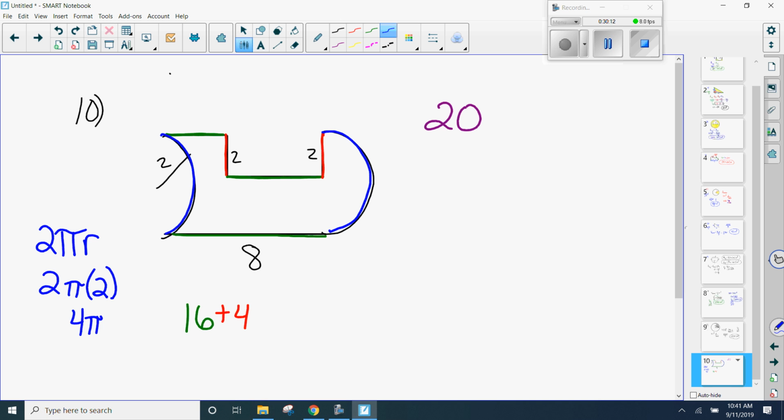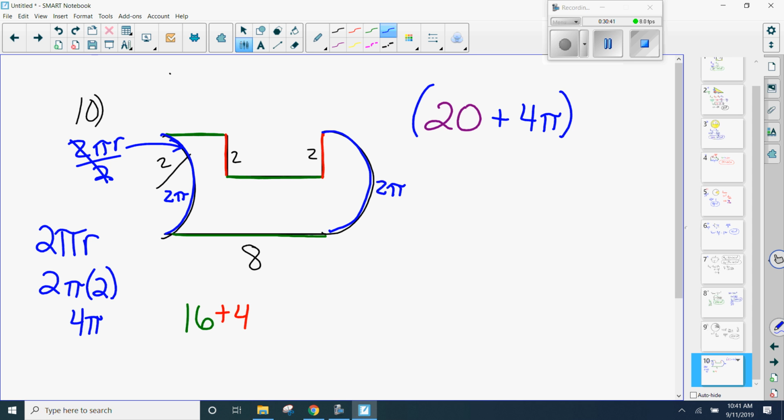Now, if you wanted to, you could find this curved segment that curves in, that's going to be 2 pi r, and it's half of it, which is 2 pi, and this curved piece is 2 pi, but 2 pi plus 2 pi is 4 pi. The same thing as if we just found the circumference of one whole circle. We can do that because the radius is the same for both of them. So therefore, we get 20 plus 4 pi.